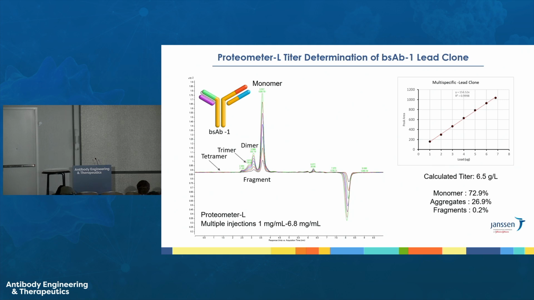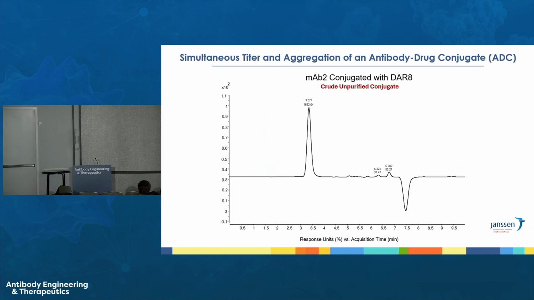They actually took a bispecific antibody that has an FC. And the assay worked perfectly fine. They could actually distinguish between tetramers, trimers and dimers very well. They got the linear response. And yeah, let me go back.